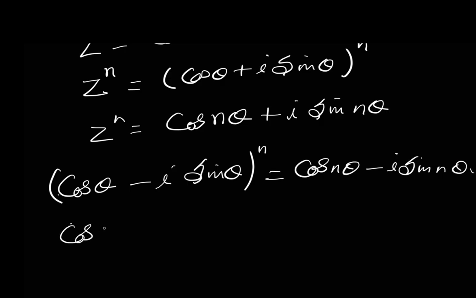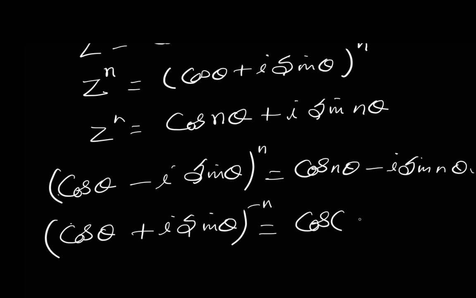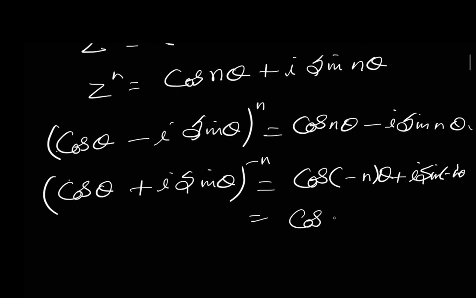If the power is negative, (cos theta plus i sin theta) the whole power minus n, in that case also you will get cos of minus n theta plus i sin of minus n theta. So cos of minus theta is plus cos theta, so cos n theta. Sin of minus theta is minus sin theta, so minus i sin n theta.